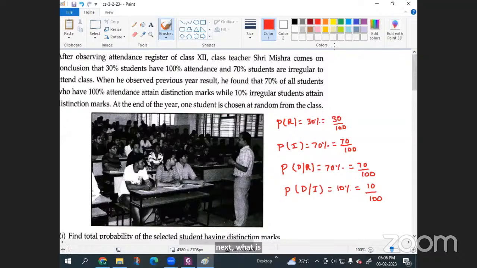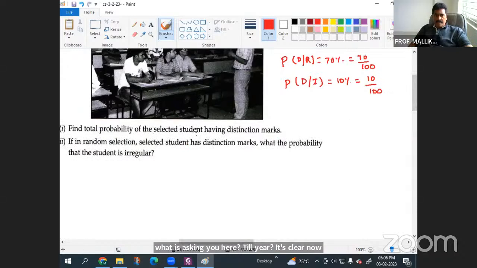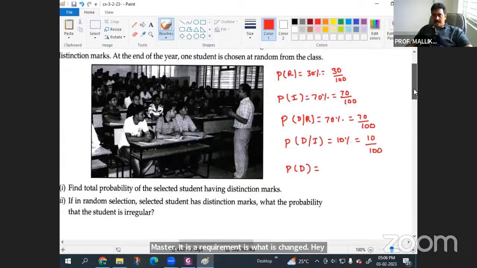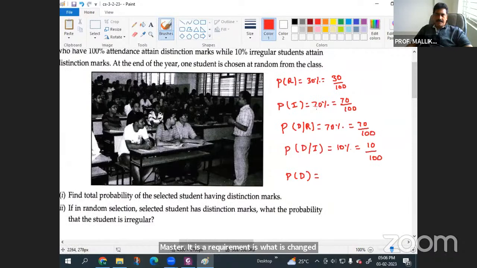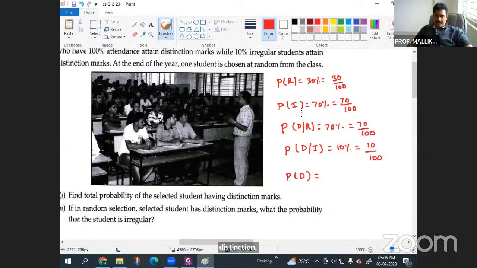Now, find the total probability of the selected student having distinction marks. The requirement is what? Distinction. In the distinction, both the places you have: regular people also have some percentage of distinction, irregular people also have distinction.